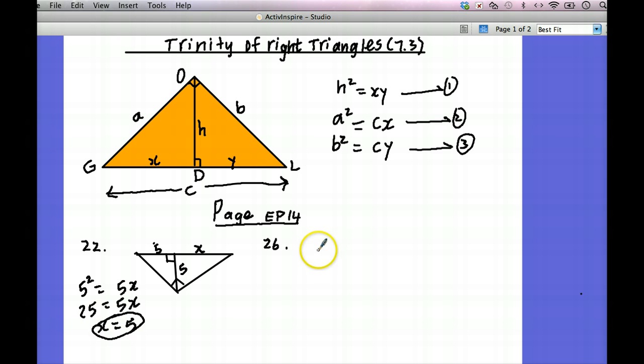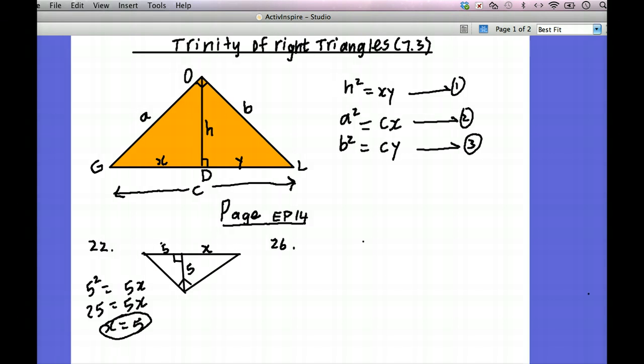Let's take a look at one more, number 26. And number 26 looks like this. Here's the overall, oops, that's not what I wanted to do. I'll do a little bit better on that drawing.